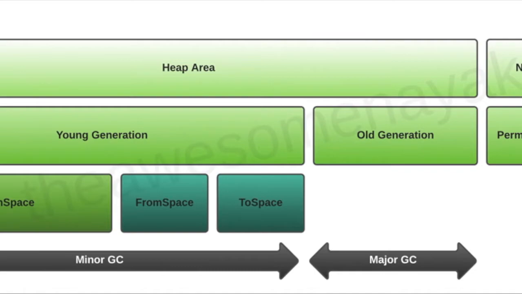This strategy is called the generational strategy. Generation means by age. So let's say I initialize the object now, and right now it is getting called 10 times. After 2 or 3 milliseconds or seconds, it is getting called only 5 times.